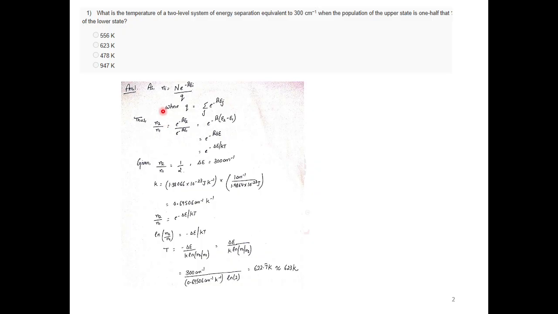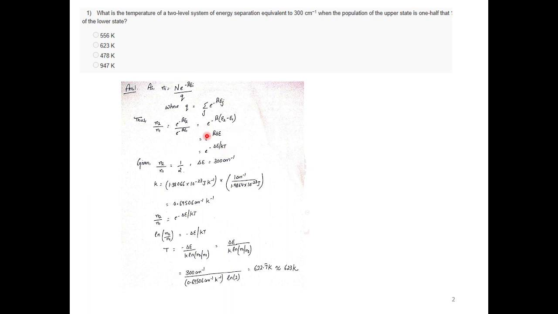Now if you divide N2 by N1, the upper state population is just one half of that of the lower state. Here the lower state is considered N1 and the upper state population is N2. So N2 by N1 is e to the power minus delta E by kBT. Beta is 1 by kBT, which can be proved in statistical thermodynamics as well.